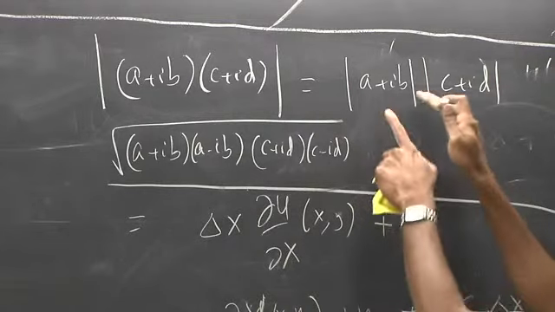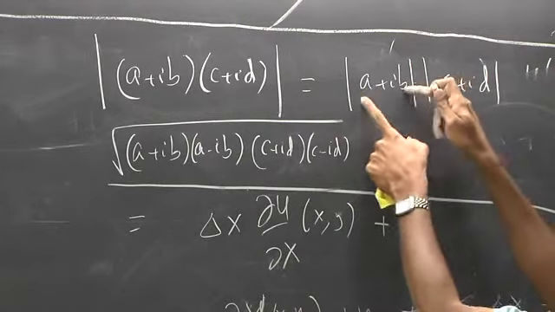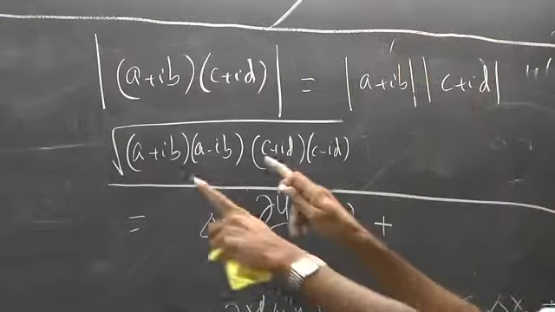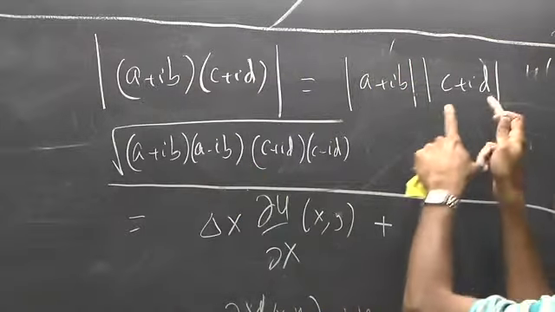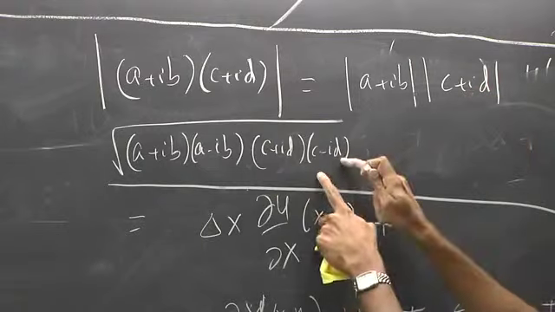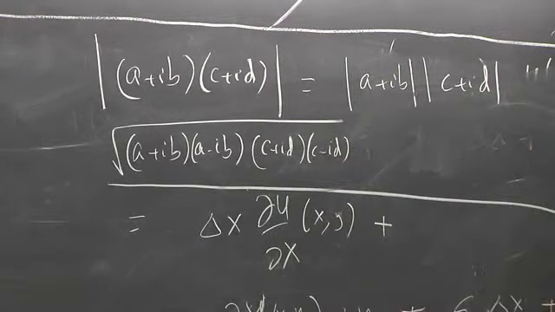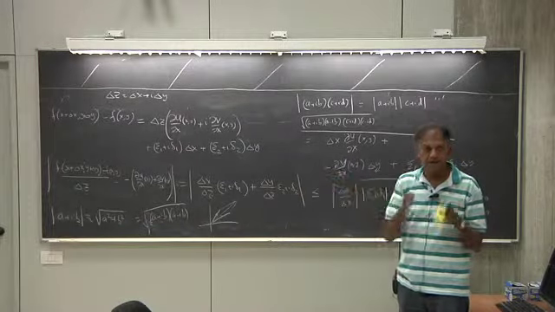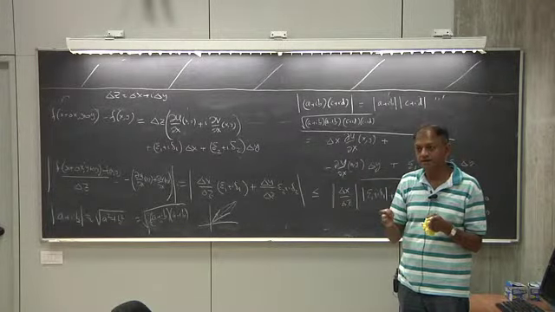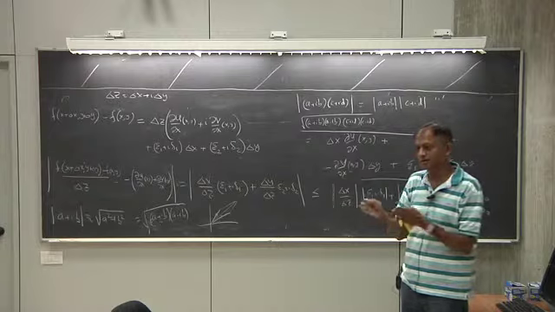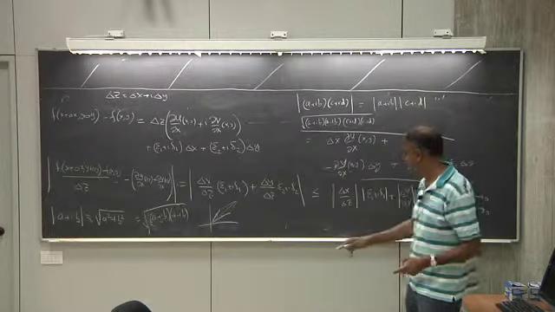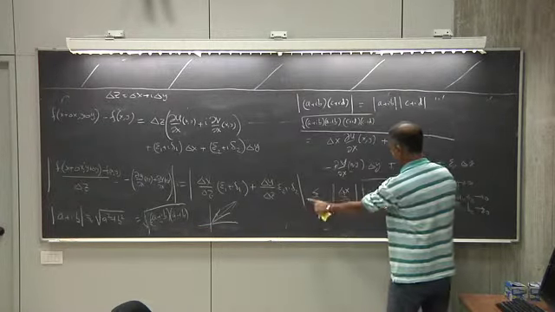But if you look here, this length is this times its complex conjugate, square root, which is that part, and this length is this times its complex conjugate, square root. So this is indeed true, right? The length is usually called the magnitude, which is the same as length when you think in terms of a vector. The magnitude of a product of complex numbers is the product of the individual magnitudes. Okay, so that's what I used here.